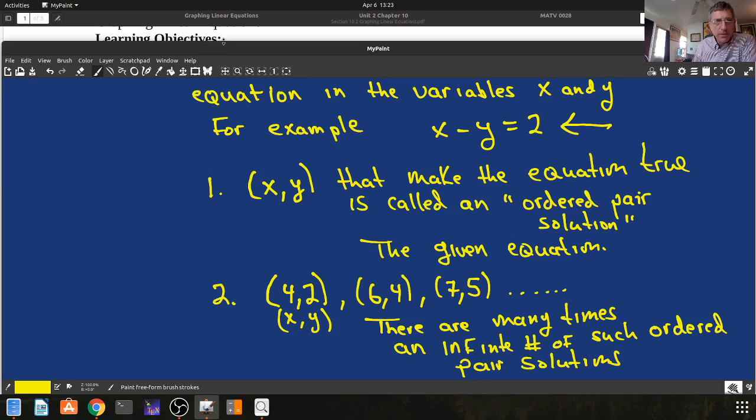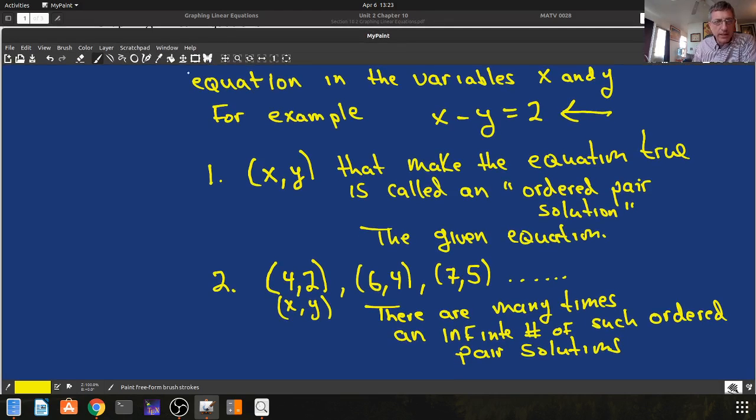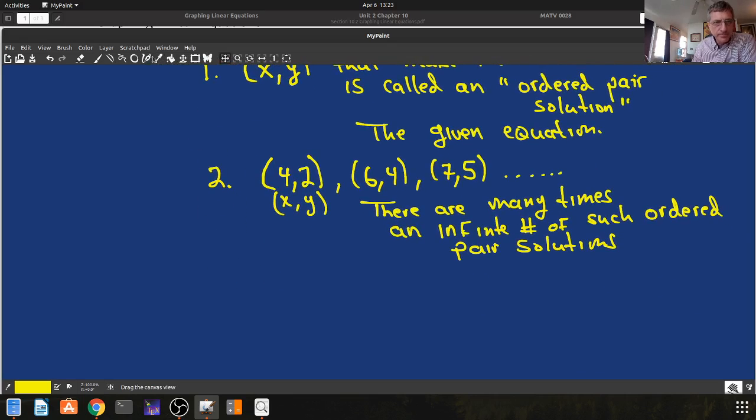And here is probably the most interesting and helpful of all of the points I could make, and that is the following. We can create a set of all of the ordered pair solutions.